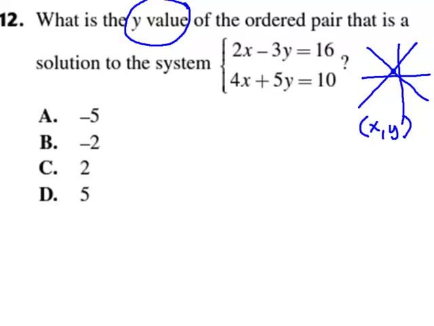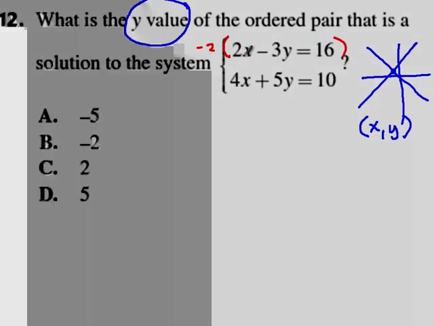Now, if you look at the given equations, notice that the method that will work best here is elimination by addition or subtraction. But we need to multiply the first equation by a certain number so that you'll have the same numerical coefficient. So what we can do is multiply this by -2.